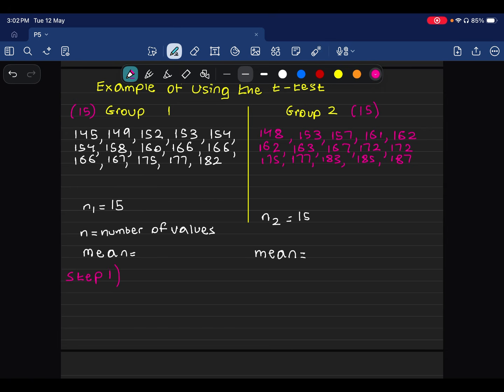Step number 1. Just like we did in chi-squared, before you perform, just remember this is a rule of thumb, before you perform any statistical test, whether it's the Lincoln index, the chi-squared test or the t-test or whatever, you always make a null hypothesis. Now, why do we do this? Think about it. If you're not making a hypothesis, what's the point of doing it?